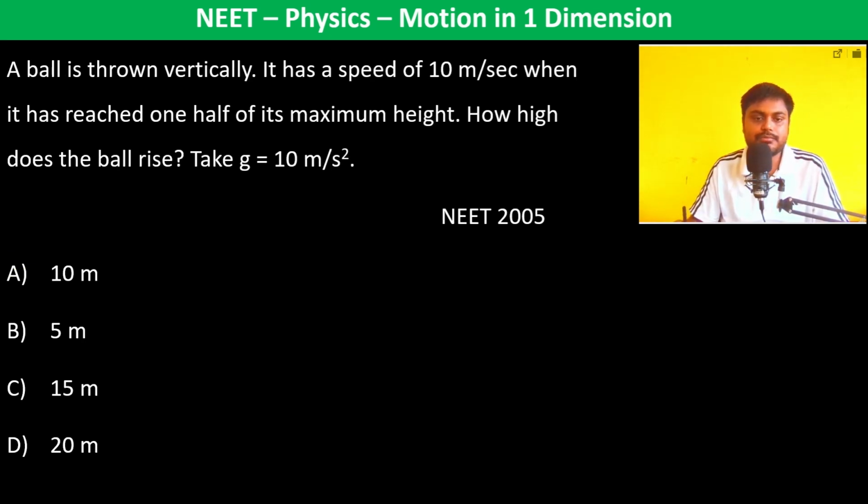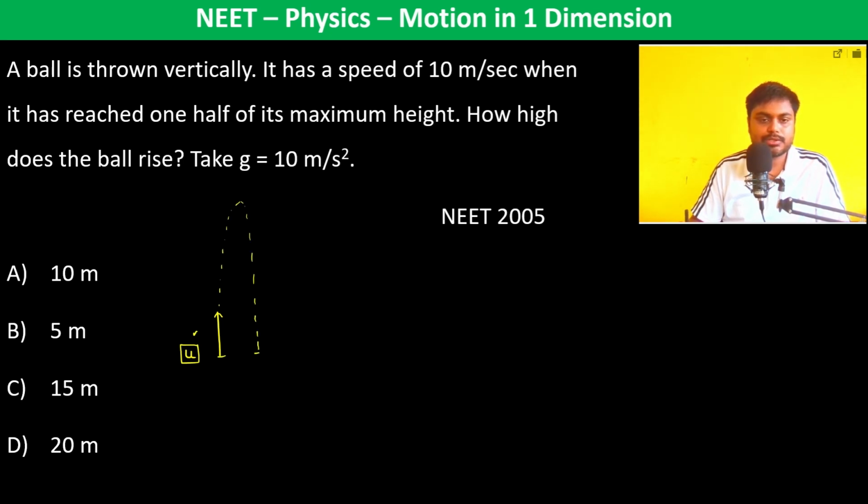A ball is thrown vertically up, it has a speed of 10 meter per second when it has reached 1/2 of its maximum height. How high does the ball rise? So let us say it is thrown with a speed of u. What is the maximum height reached?